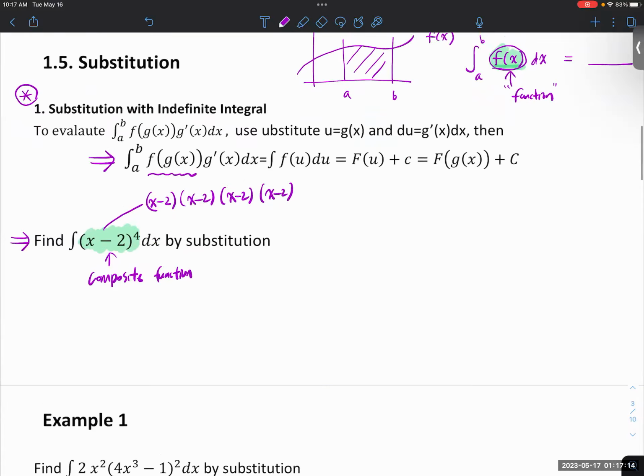Let's take a look at the structure of this composition function. Let's say I have f of x, which is whatever to the 4th. You have an outside function, something to the 4th, and you have an inside function, specifically x minus 2, and this x minus 2 has been subbed into the outside function.